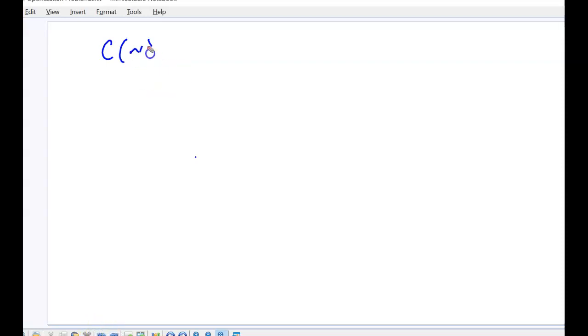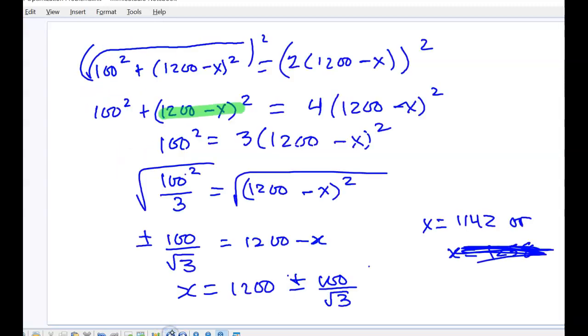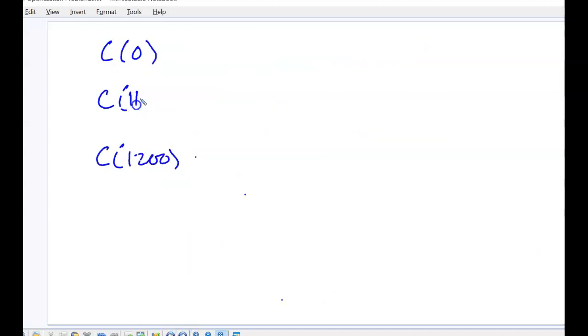So I have 3 possibilities where I could get my minimum cost: when the distance under the water is 0, when it is 1,200, or when it is 1142. So this one has a closed domain, so this is like finding an absolute extrema, okay?